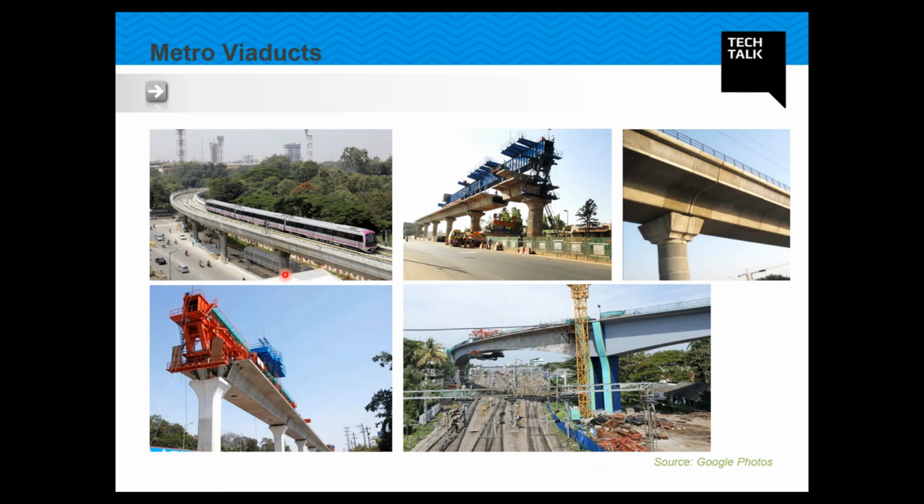There are various other construction methodologies that are being adopted. That would be segmental construction, where your precast segments would be cast. There is also balanced cantilever construction, where your segment would be cast right from the pier edge and continued to the different piers.